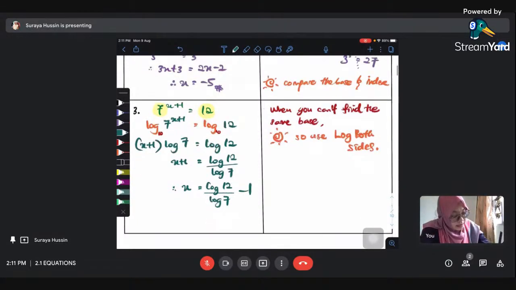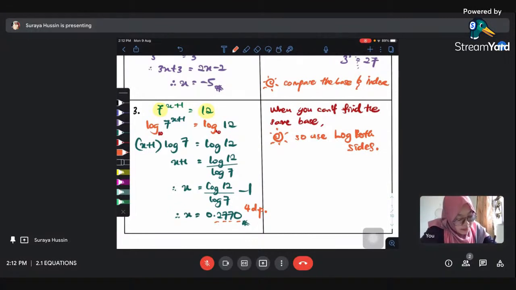Use your calculator and you will find that your x is 0.2770. Tolong double check untuk saya whether I'm doing it correctly or not. Okay, please ya. And this is where I use 4 decimal places. Paling sikit lah kita bagilah 4 decimal places here. Okay, that's good for you.